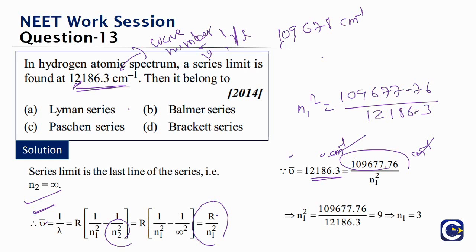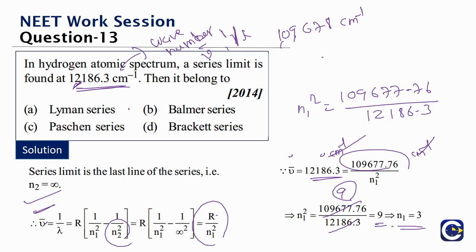Because n1 must be a proper integer, as we're talking about principal quantum number values, even if the calculation comes close to an integer, we have to take the closest integer value. If you do the division, 12 nines are 108, so n1 square will be approximately equal to 9. n1 square is 9, which means n1 is equal to 3.